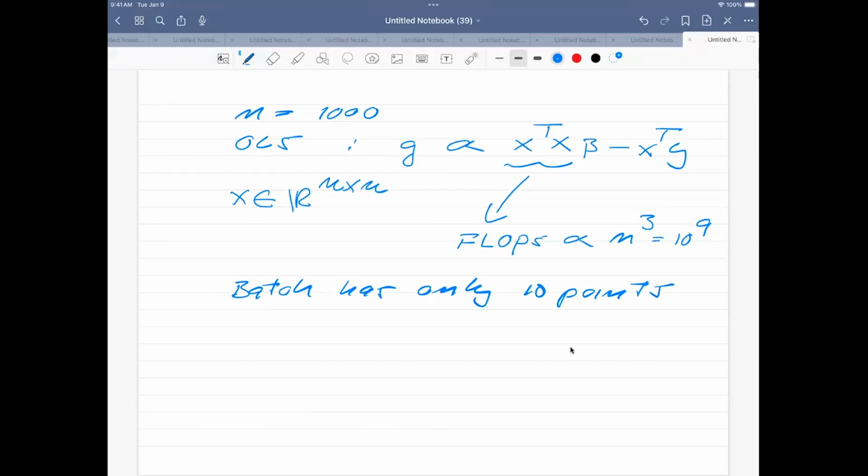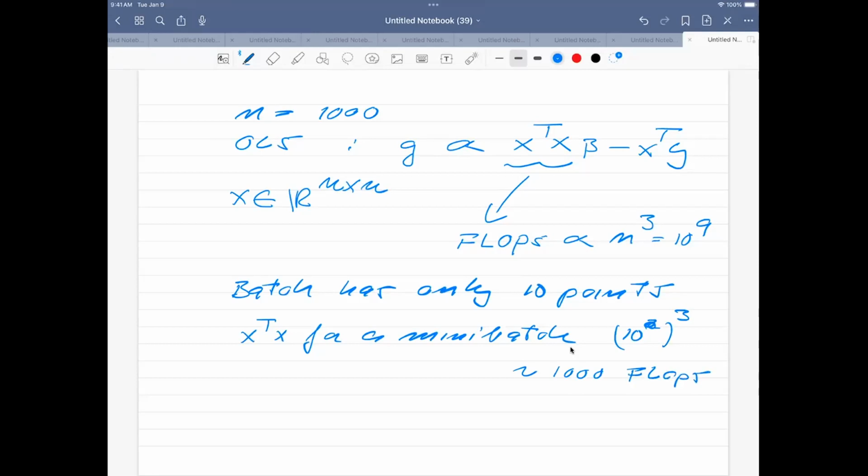So if I then do these operations in that specific case, what I have is a matrix x times x transpose for a mini batch. Requires only 10 to the power of 3 operations. So this is roughly 1,000 floating point operations.